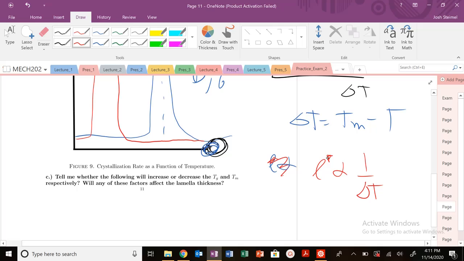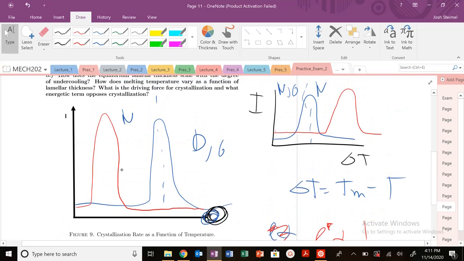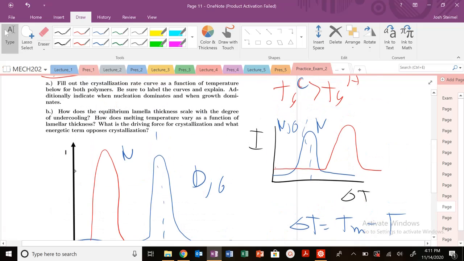Why? I don't need to maximize as much. As my temperature lowers, I don't need to maximize my favorable enthalpic interactions. If temperature is lower, the term that pushes towards disordered, non-crystalline material will decrease even more, so I don't need as thick of a lamella. That's where that comes from.